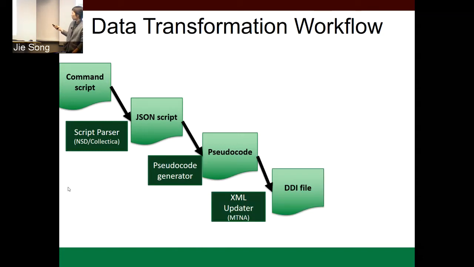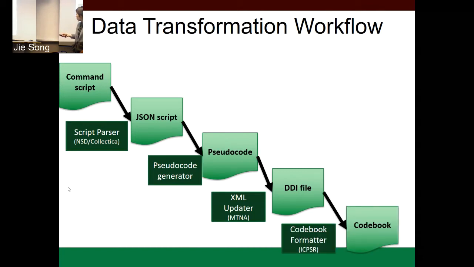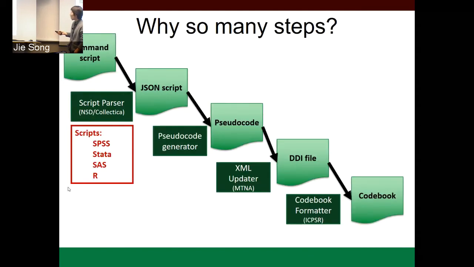And then using the XML updater, we will update the original metadata with SDTL into the new DDI file. It will be further converted to the codebook format, as we have seen in the previous example. For the command script, we're currently implementing SPSS, Stata, SAS, and R. In the past 3 years, we have completed the first 3, and we are working on R, Python, and SQL.